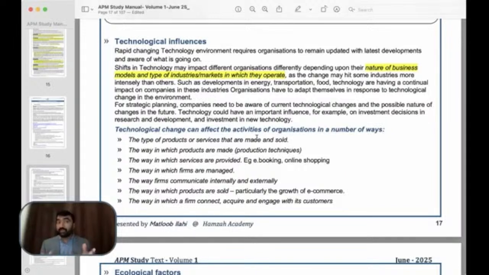By the way, you can expect a question in the Advanced Performance Management paper directly or indirectly related to technological advancements. There is a reason: there is a complete section on technology and information systems, Section B of the syllabus. Technological advancements are shifting very fast.